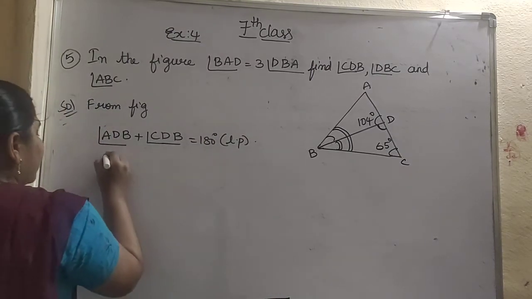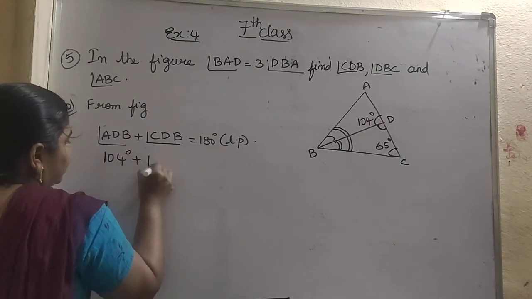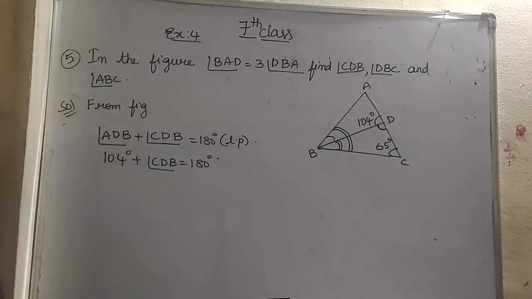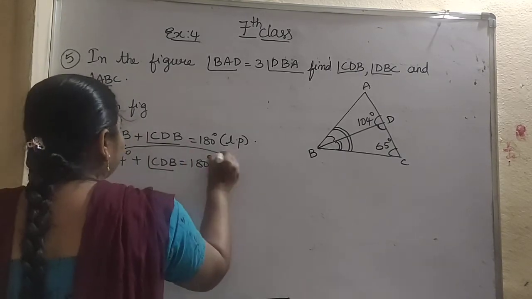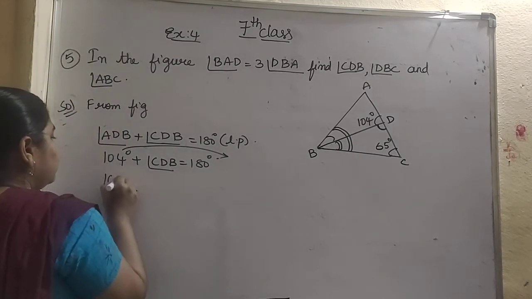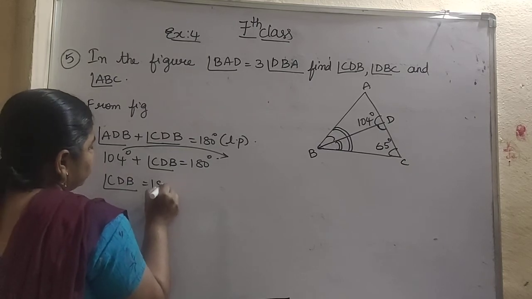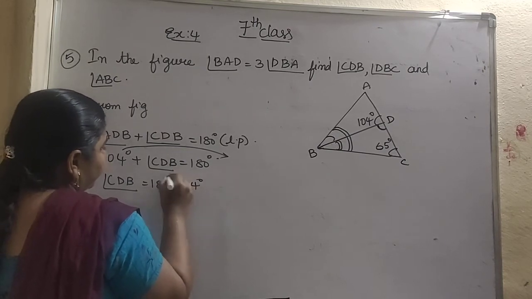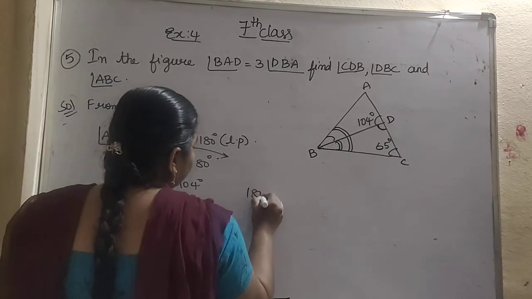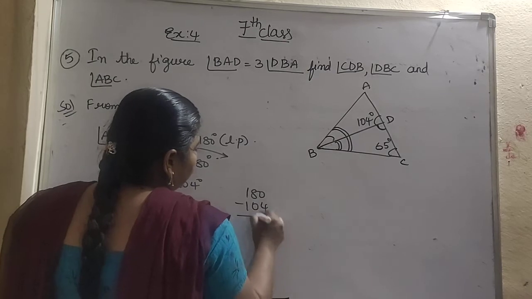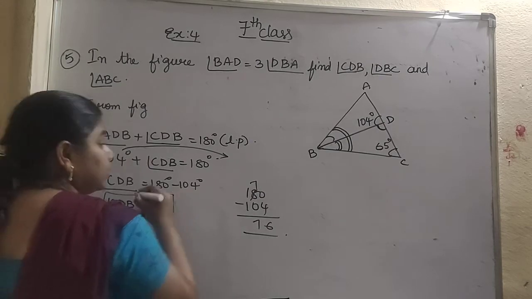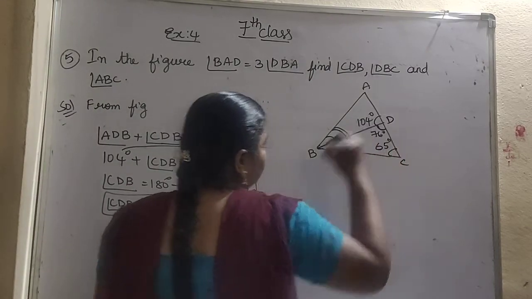ADB is given as 104° plus angle CDB is equal to 180. If I transpose this 104 to the other side, it becomes subtraction. So angle CDB is equal to 180 minus 104, which is 76°. So we got this angle as 76°.